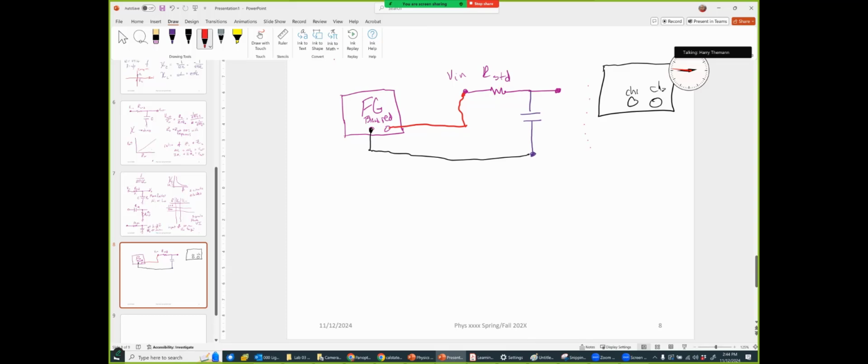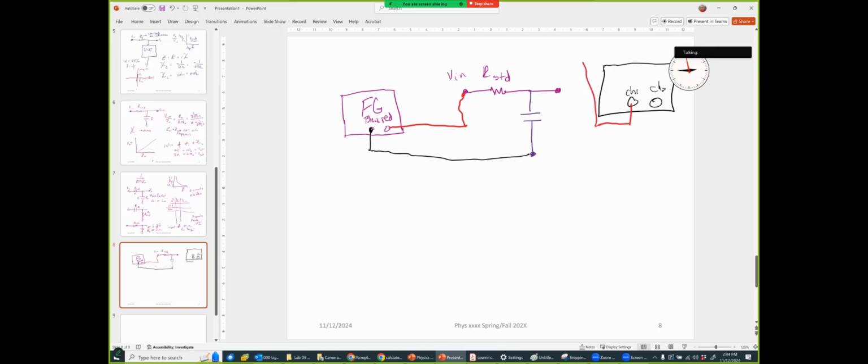And remember we have our BNC to banana adapters. So we're going to put channel 1 over here to V in, and channel 2 is going to go to V out.